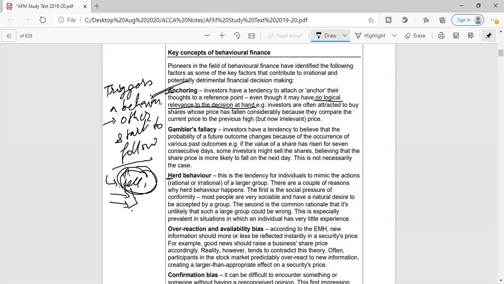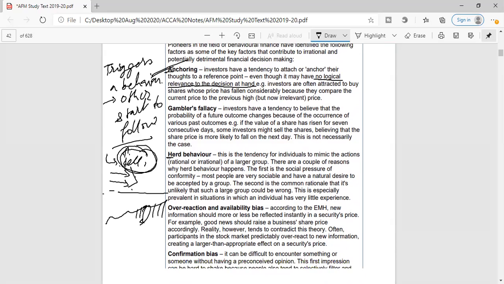Gambler's fallacy. Now, in that mindset, and this is one of the most common behaviors I have also seen, if the stock market starts to go up, many people will just try to book the profit and exit, thinking that they have realized enough gain and this is the time to return.